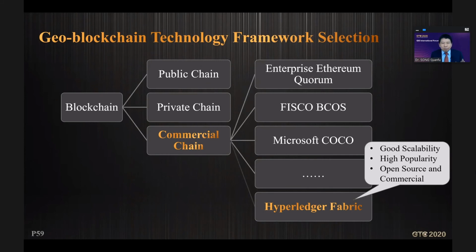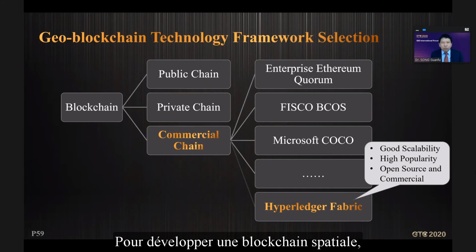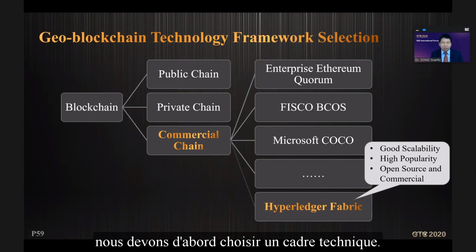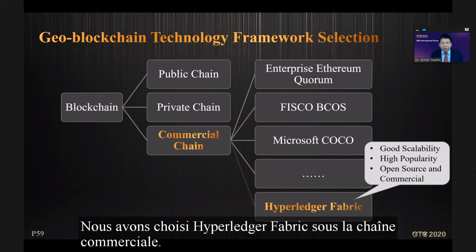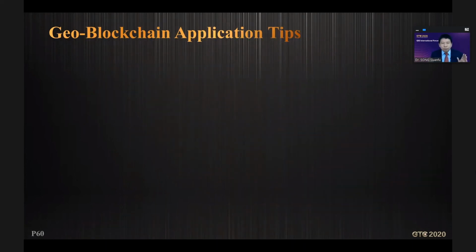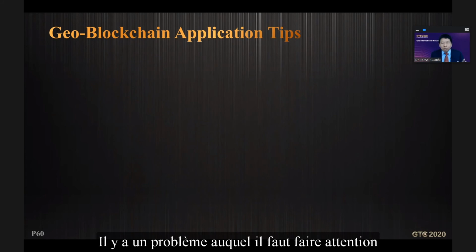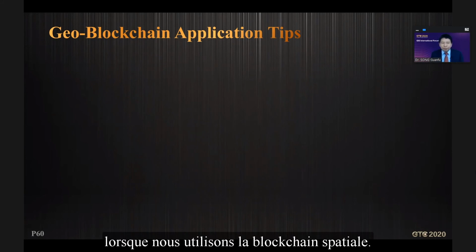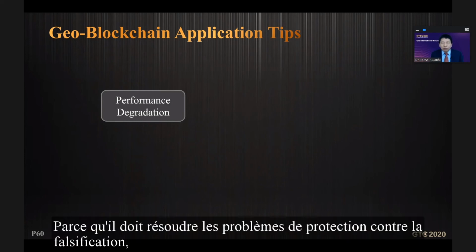To develop a spatial blockchain, we need to choose a technical framework at first. We chose Hyperledger Fabric under commercial chain. This is a problem which needs attention when we're using the Geo-Blockchain, because it has to solve the problem of temporal protection.